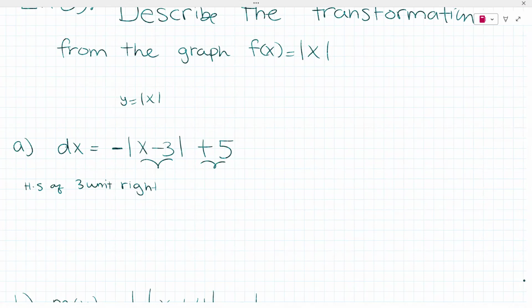This plus 5 means you have a vertical shift of 5 units up. This minus 1 is a reflection across the x-axis.